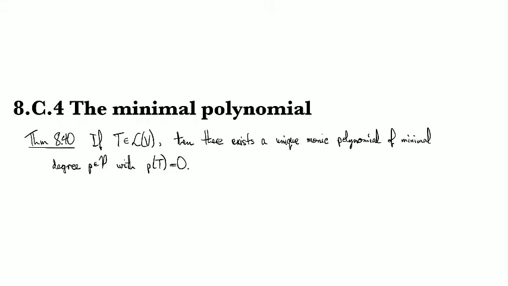Okay, so I just did a proof of this theorem in the last clip, namely that if you've got an operator on V, then there exists a unique polynomial of minimal degree that vanishes on this operator, or in other words, so that P of T is the zero operator.